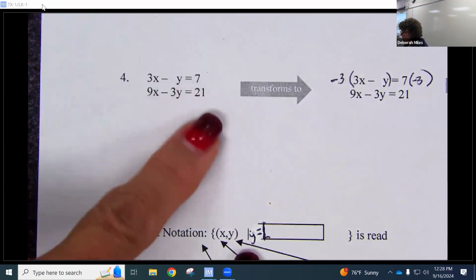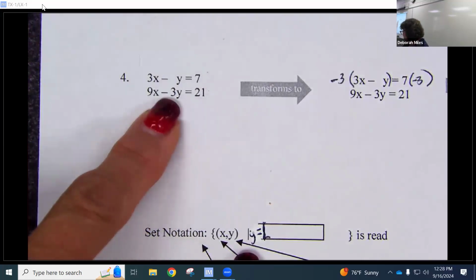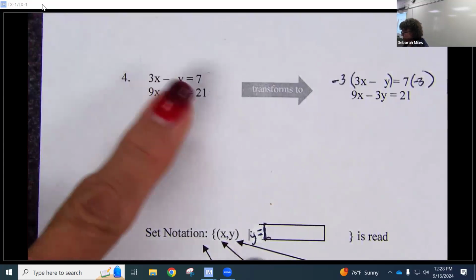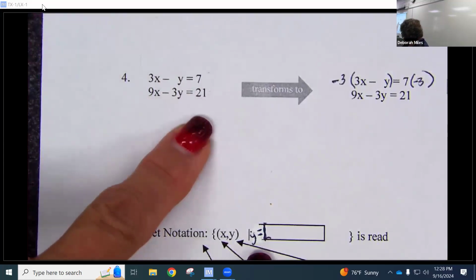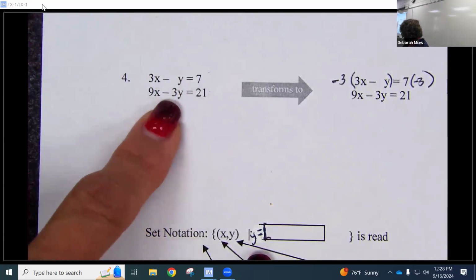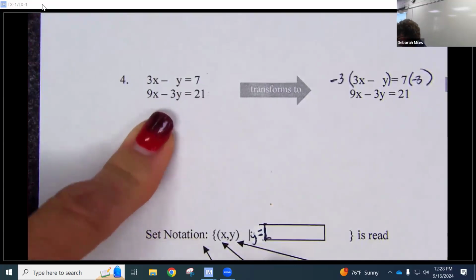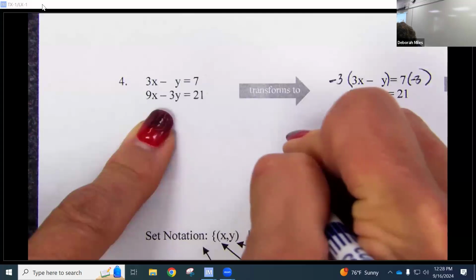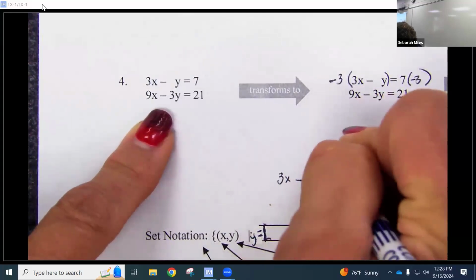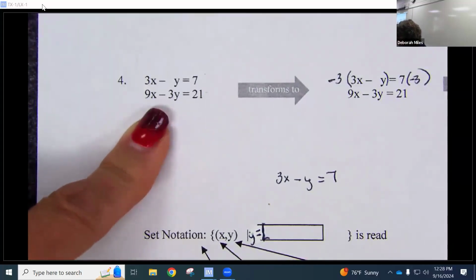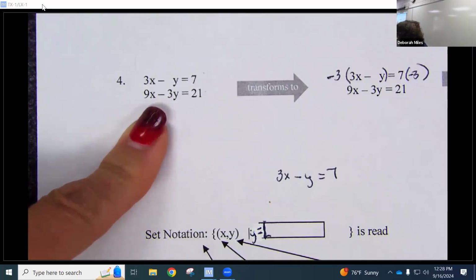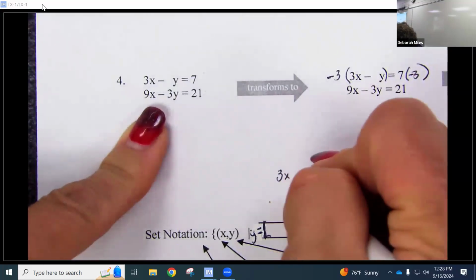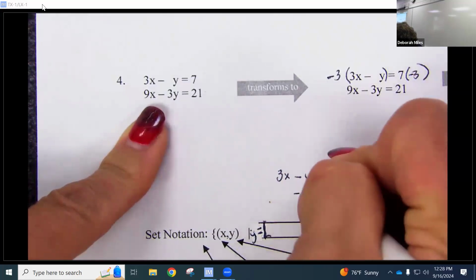Now, you could solve either equation for y because really they're the same equation. But which one looks like it would be easiest to solve for y? The first one or the second one? The first one, I agree. I'd take 3x minus y equals 7. I would subtract 3x from both sides.